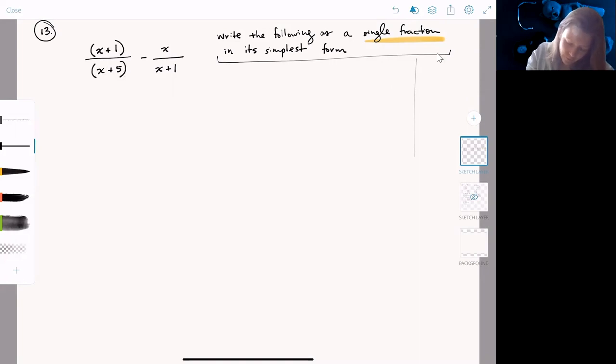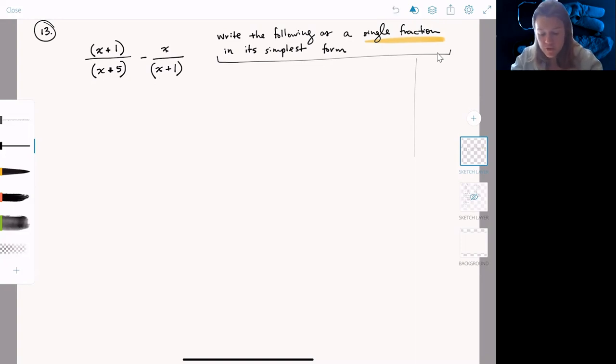They both have good positive relationships. So this x is not going to go away with this x. This x has a partner. So they're not going anywhere. Same thing over here. I can't cancel out this x with this one because this x has a partner. It's not going anywhere without it.